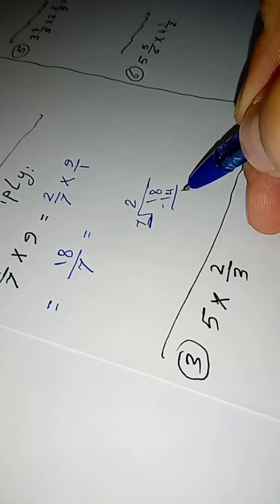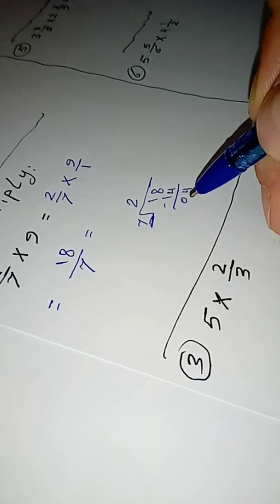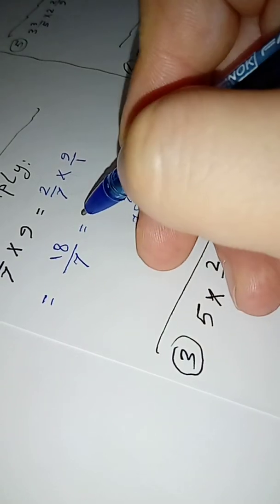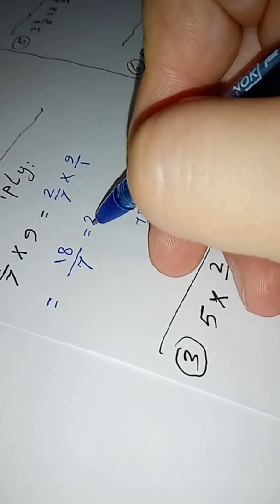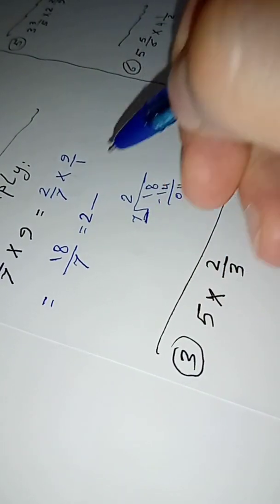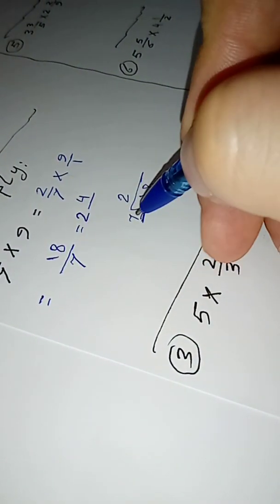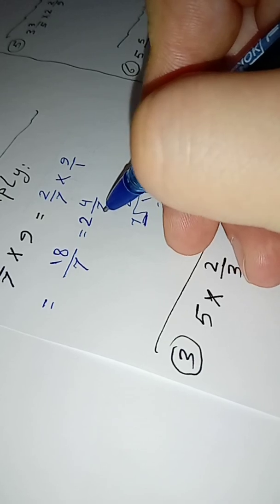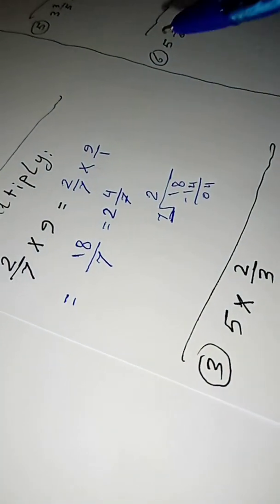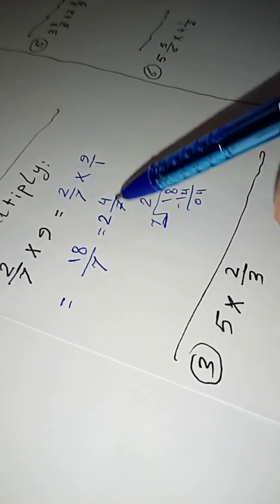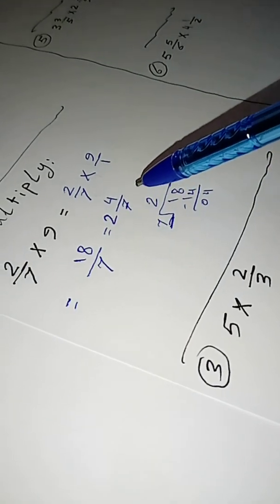Now 8 minus 4 will be 4, 1 minus 1 will be 0. So the quotient is the whole number, the remainder is the numerator, and the divisor is the denominator. So the answer as a mixed number, I can write 2 and 4 over 7.